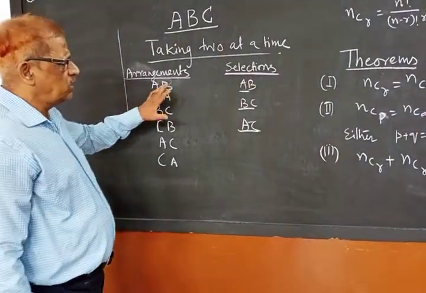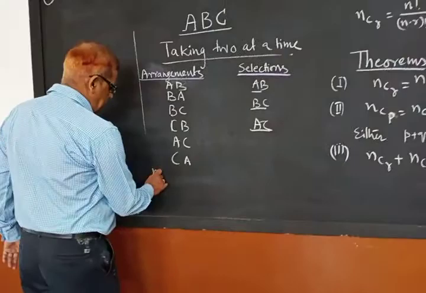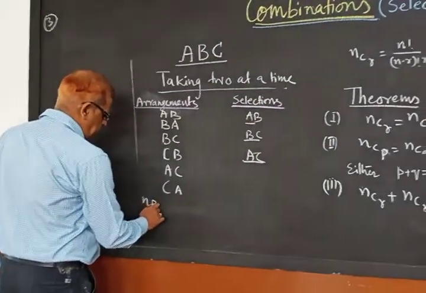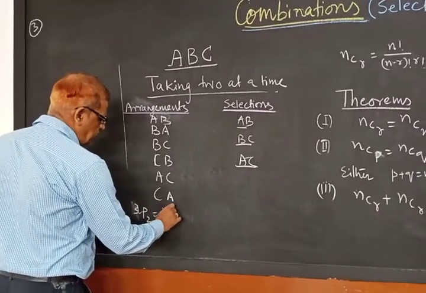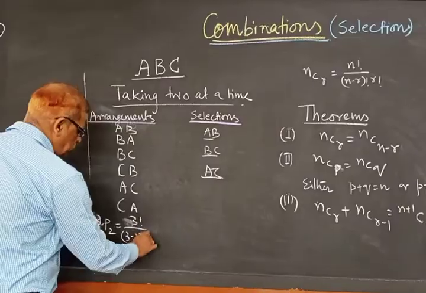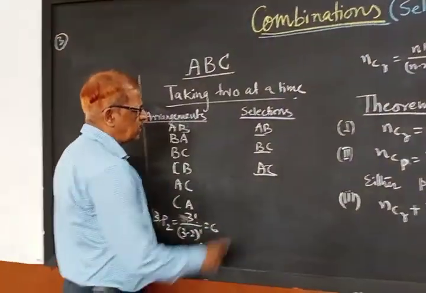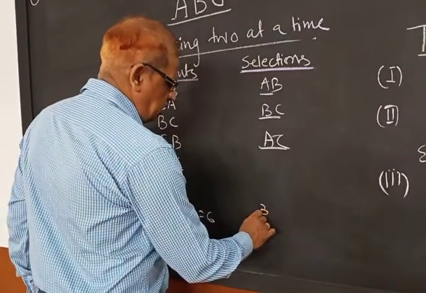Then what is the formula for this? For arrangement, it will be 3P2, that is factorial 3 by factorial (3 minus 2), that is 6.